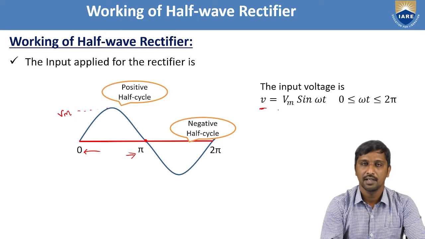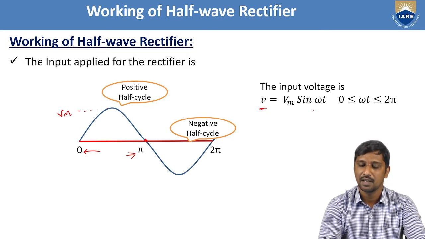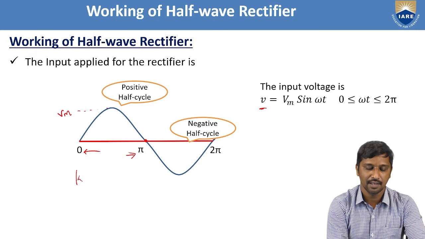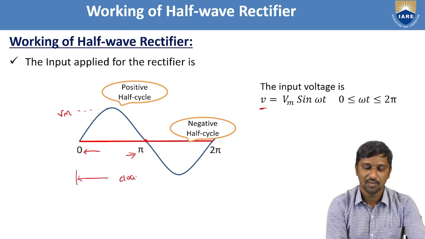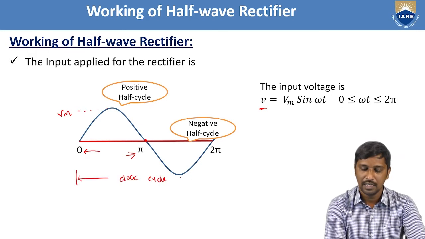Hence the given input signal is represented as V equal to Vm sine omega t. What is the duration of one input signal? This is one clock cycle, and the duration is 0 to 2 pi.